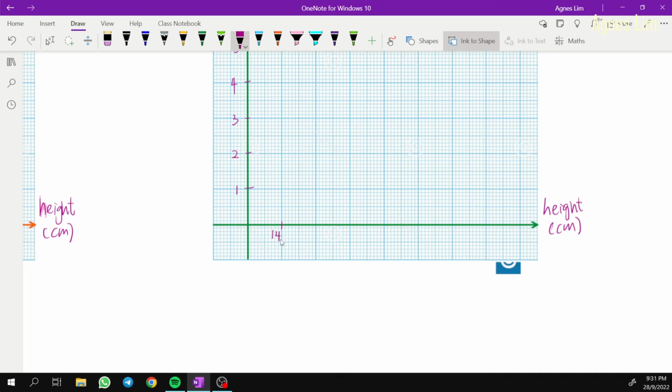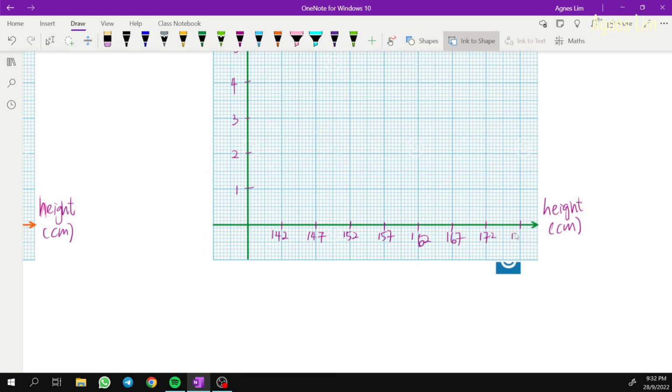We're going to start here at 142, which is the class without any frequency, and then continue to 147, 152, 157, 162, 167, 172.